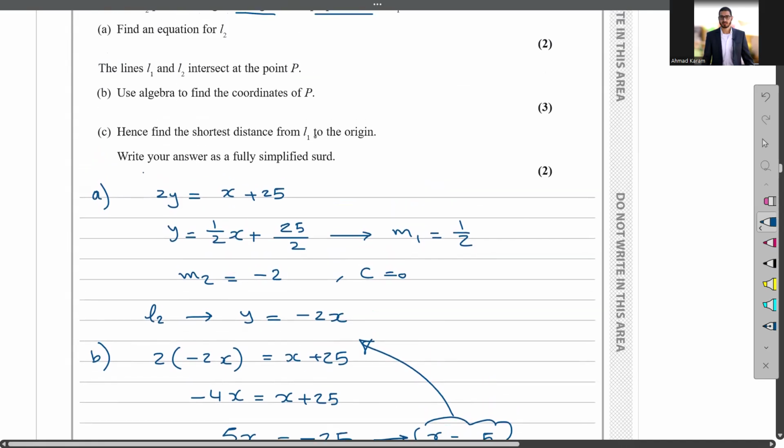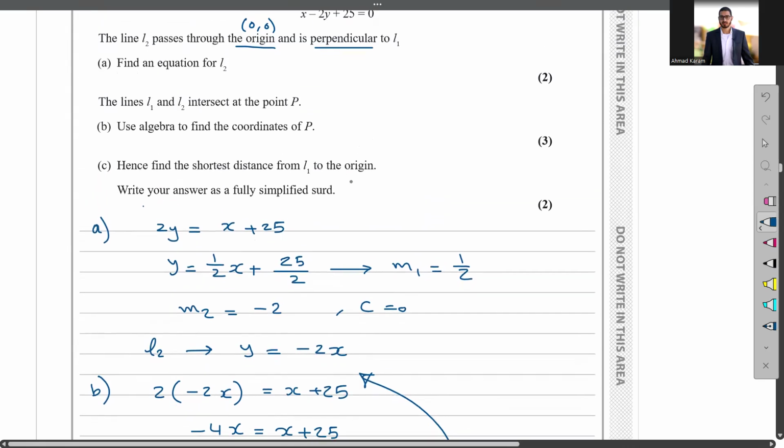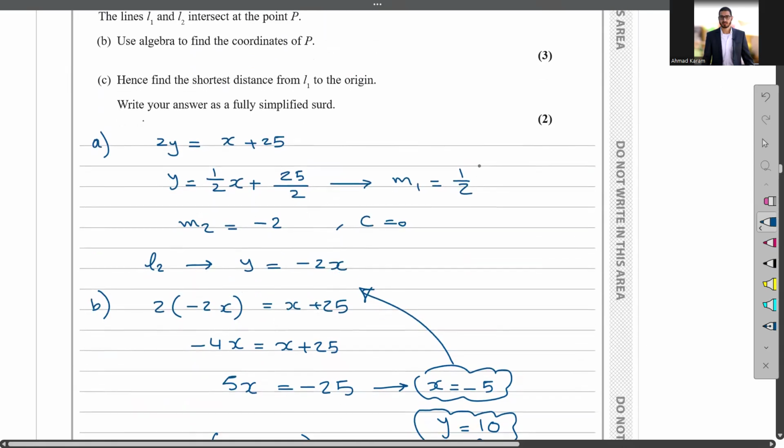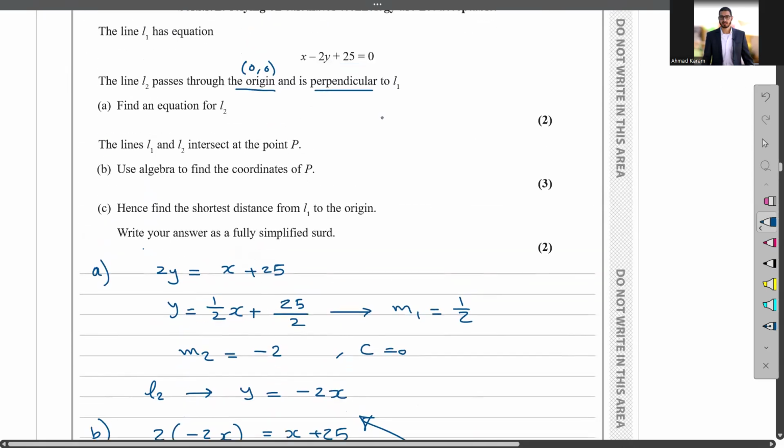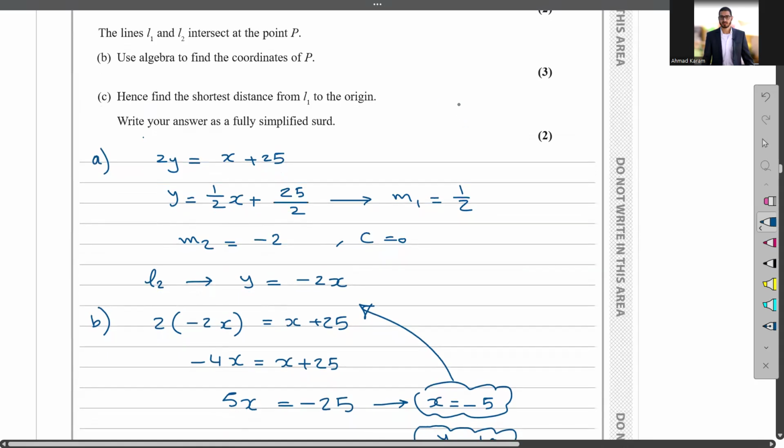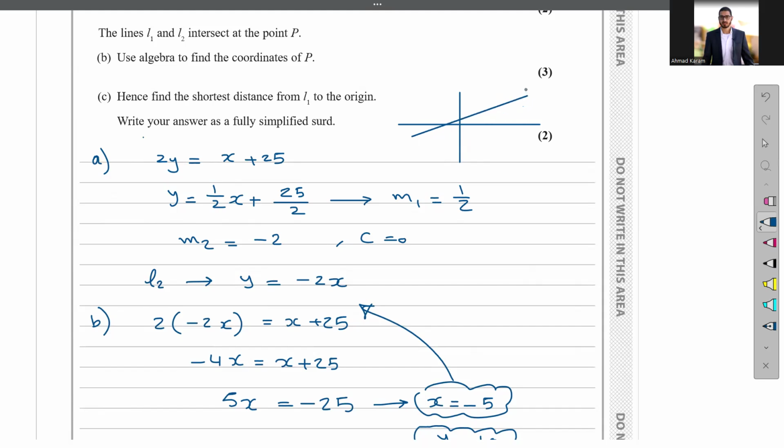Hence, find the shortest distance from L1 to the origin. So for L1, we say that the gradient is half, so let's say the line looks like that. Okay, and it passes through the point 12.5.